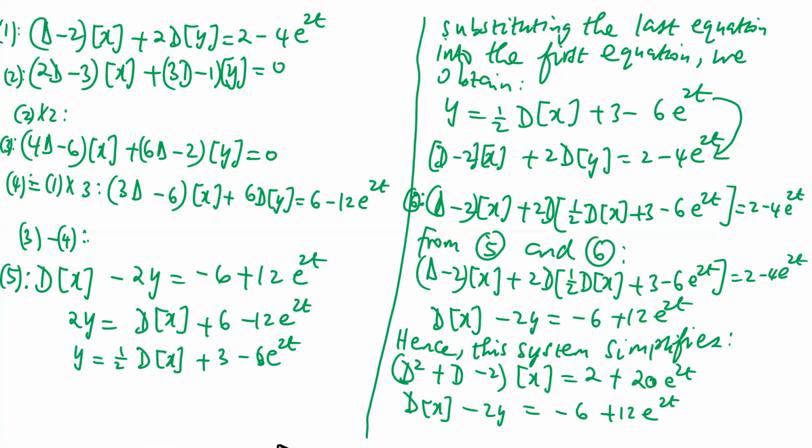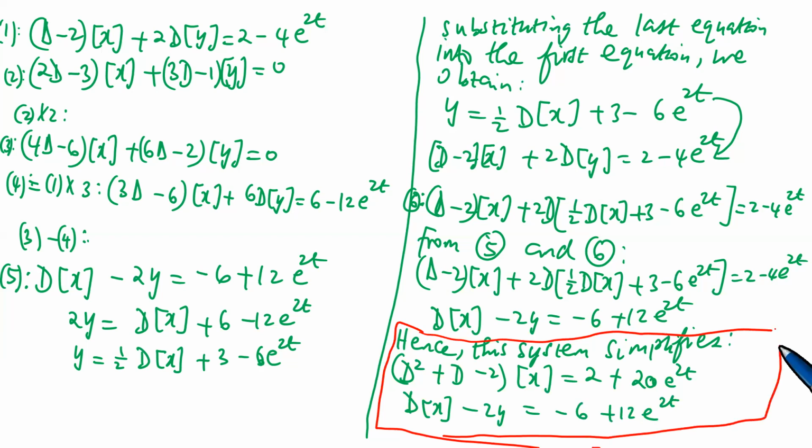What we did was eliminate the operator on y, because we had the D operator on y and we totally eliminated that. After we eliminated that, we had only the D operator on x left. In particular, D operator on x minus 2y equals minus 6 plus 12e to the twice t.